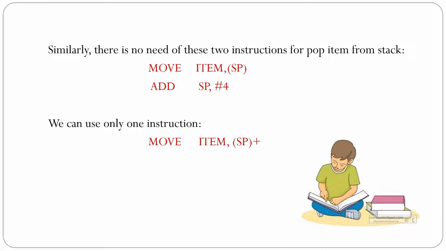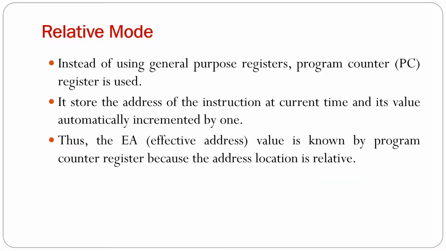Similarly, there is no need of these two instructions for popping an item from stack: move item SP, add SP 4. We can use only one instruction, move item SP plus. Relative mode. The index mode in RISC is defined by general purpose registers.